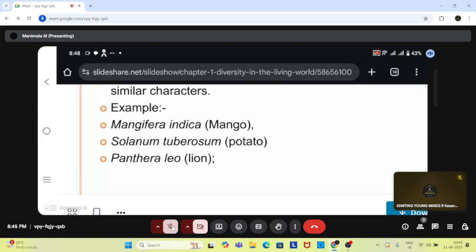Take Solanum tuberosum for potato, Solanum esculentum for brinjal, and Solanum nigrum for manathakkali. Everything comes under the Solanaceae family only. Here Solanum is the genus, the same for every organism, but tuberosum for potato and esculentum for brinjal vary.